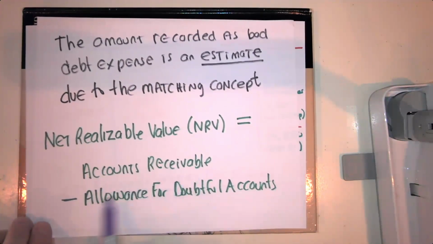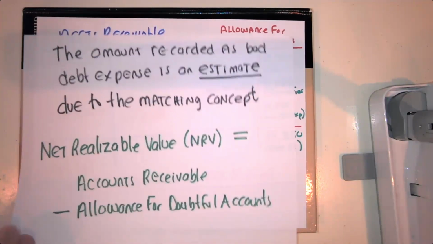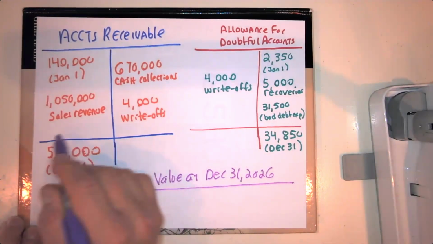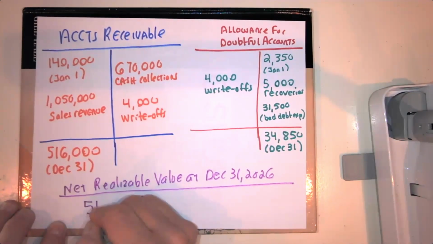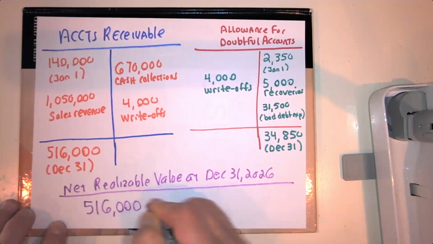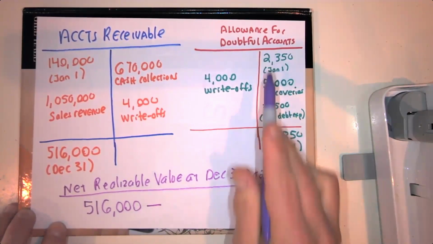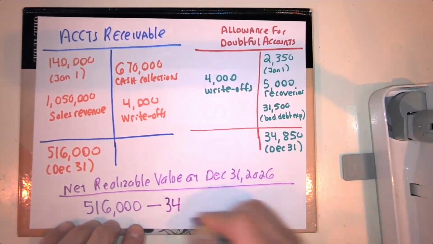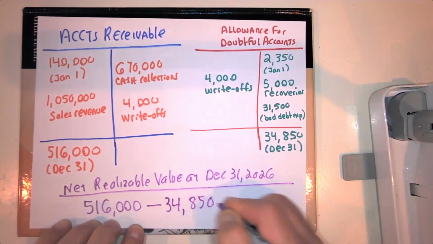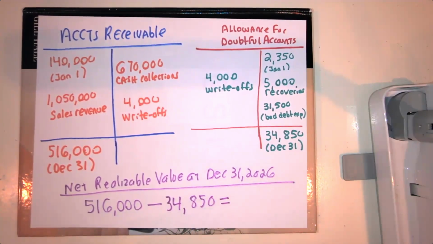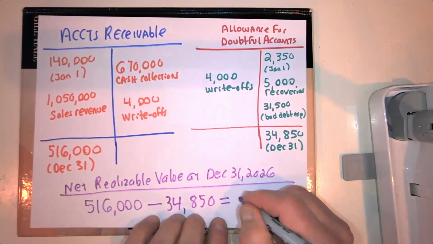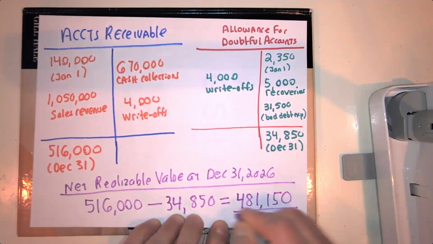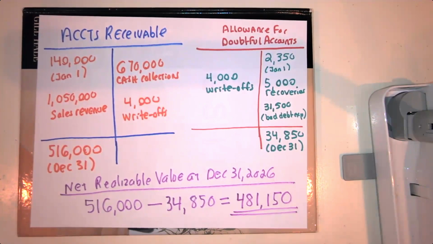Accounts receivable minus the allowance for doubtful accounts. Accounts receivable, December 31, 516,000. Minus the allowance at December 31, 34,850. Giving me a net realizable value here, 481,150.